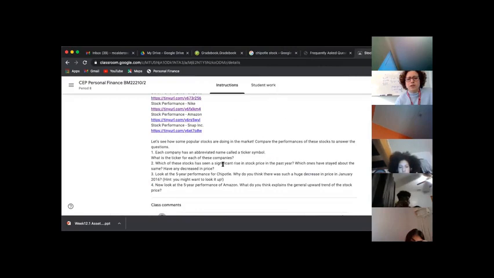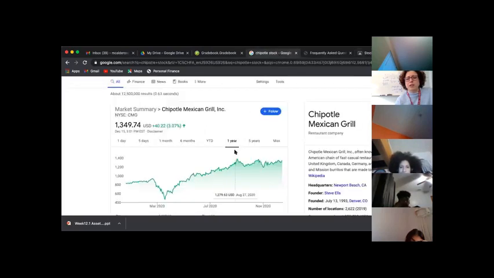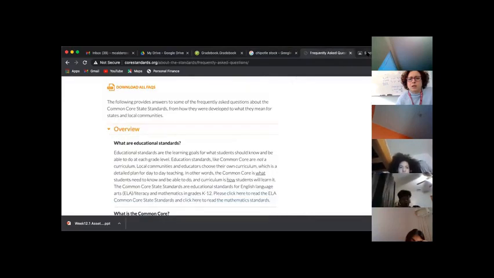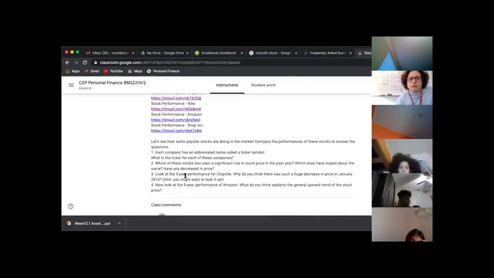Which of these stocks has seen a significant rise in the price last year? Which one has stayed about the same and which one has decreased? So look at the one year. You can look at the here, 52-week. And you can see which ones have had a significant increase or decrease or stayed the same. Look at the five-year performance for Chipotle.